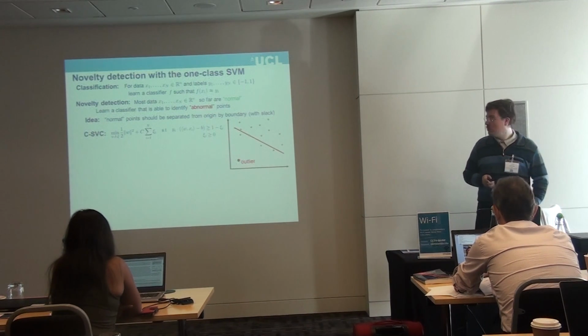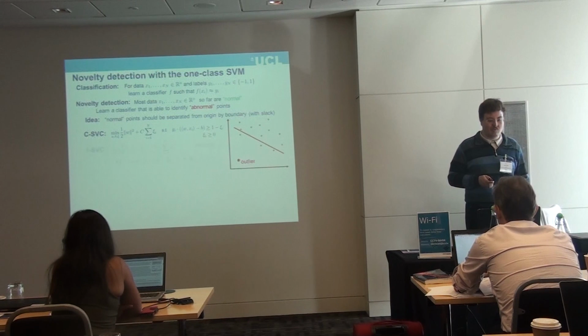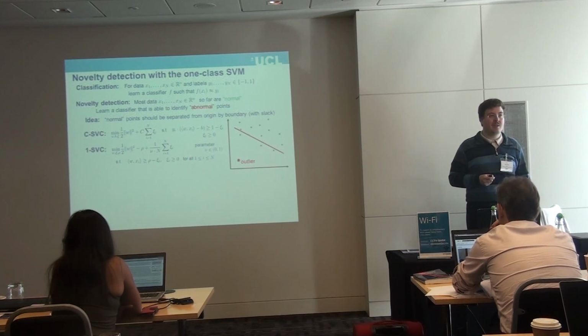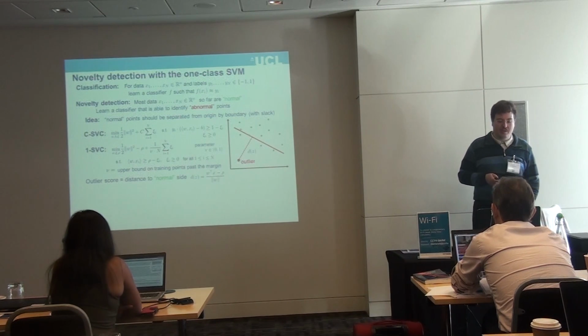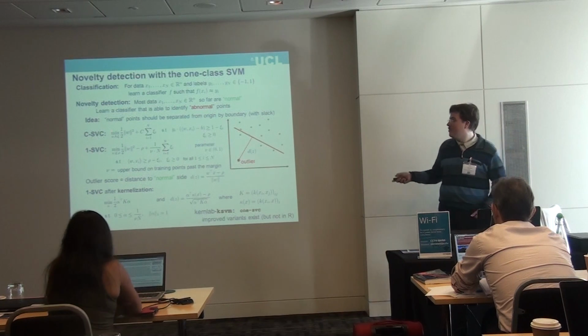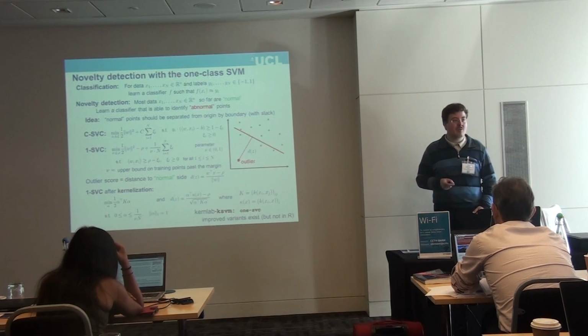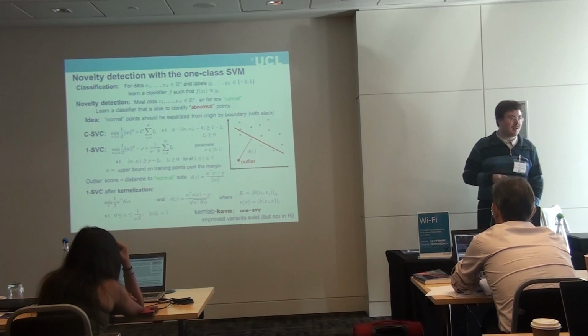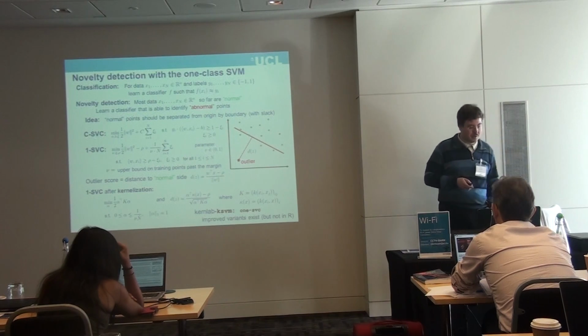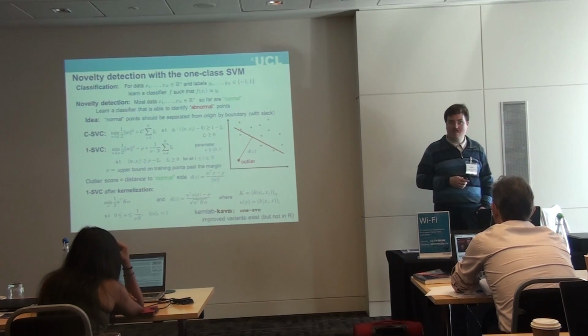And so you try to find a region of space in which most points lie. And if you see something outside this region, you classify this as an anomaly, as an outlier. Again, it's the same variation on the same principle: quadratic optimization with a linear constraint, with linear constraints now given by being close to the other points or not. Okay.